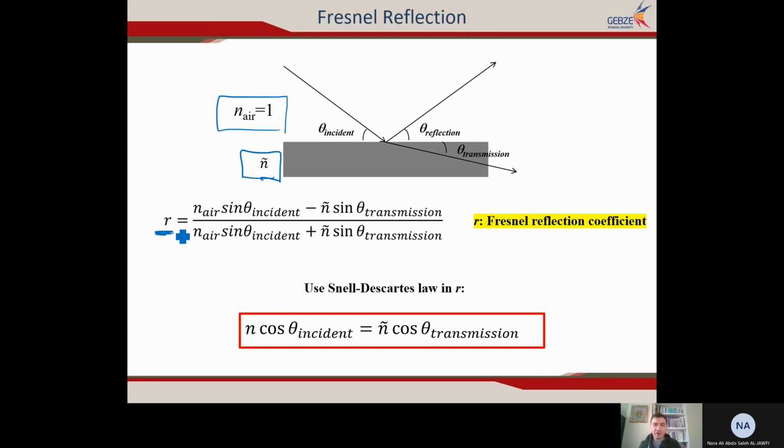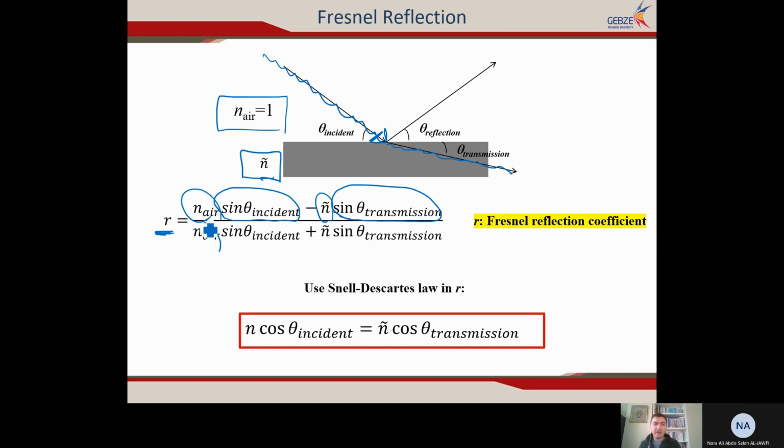The X-ray comes from the air medium and enters into the material medium. R is n air times sine theta incident minus n medium times sine theta transmission, over n air sine theta incident plus n medium sine theta transmission.